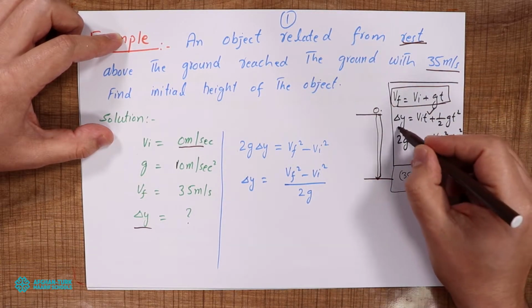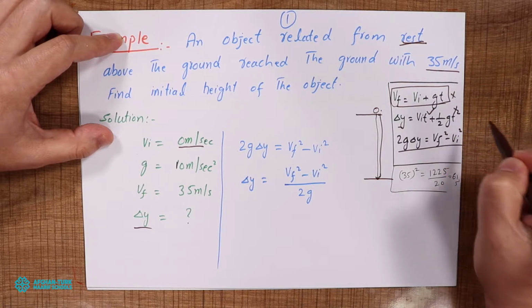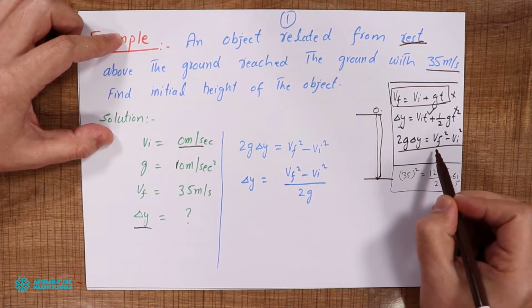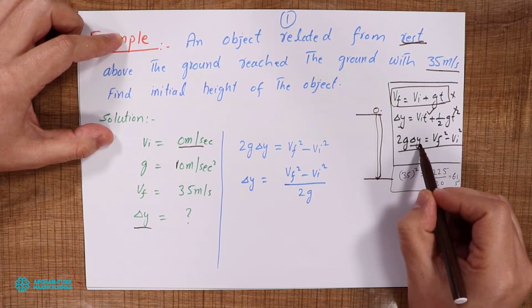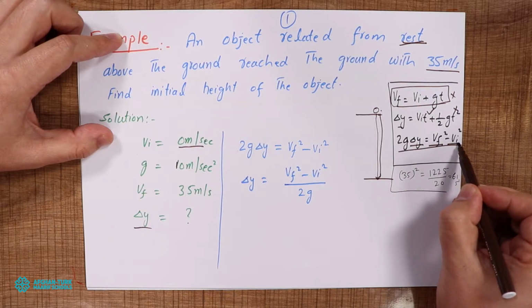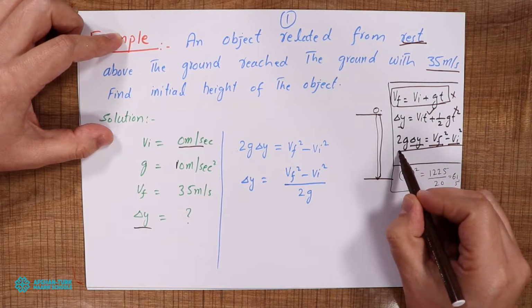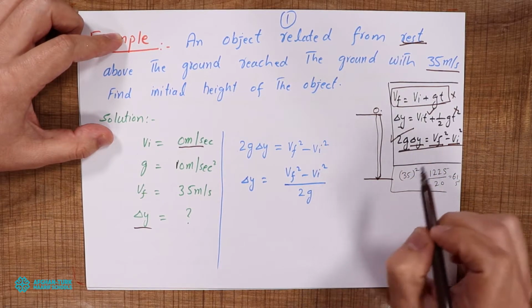If I use the third equation, the height is the unknown, and the final velocity is given, the initial velocity is given, and the g value is also given. So this means I can use the third equation of motion.